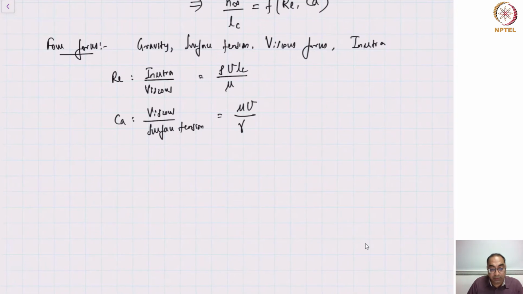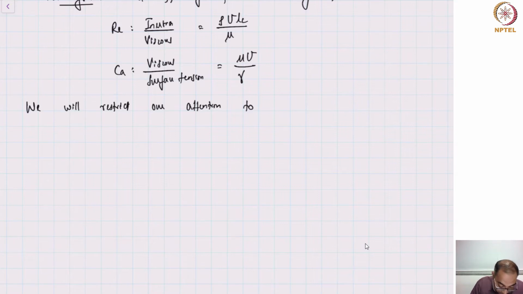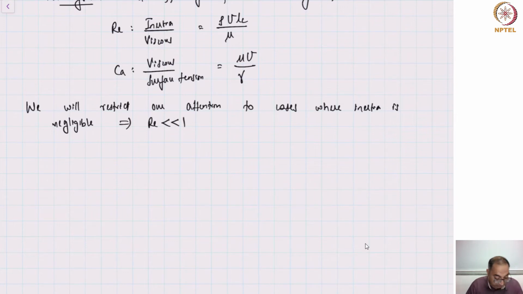So for simplicity, we will restrict attention to low Reynolds number cases. So these are the cases where inertia is negligible. And this implies that Re is much smaller than 1.